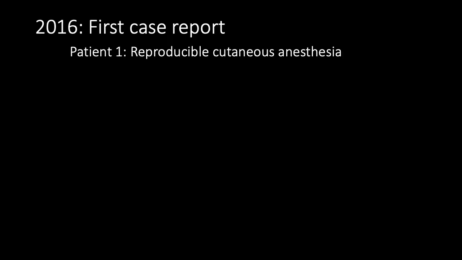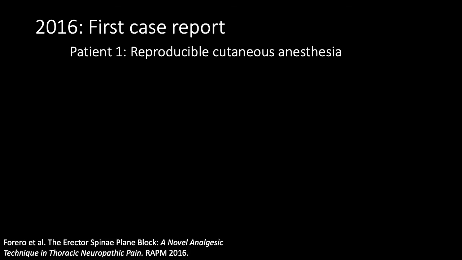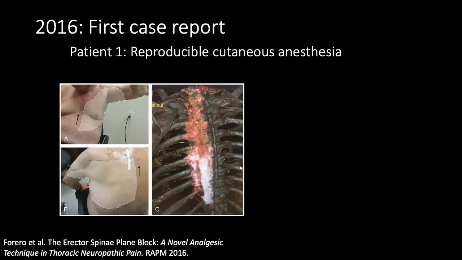So I think it's important to realize that these blocks were only first described in 2016, in this paper on a case series of patients who had chronic pain in their chest wall. This first patient had what was eventually realized to be a lytic lesion on their rib that you can see here, circled in yellow.